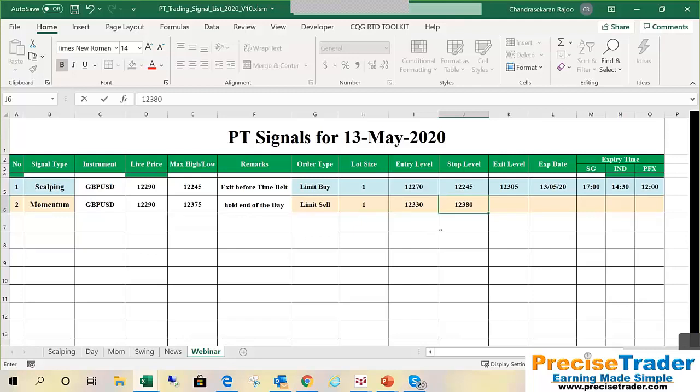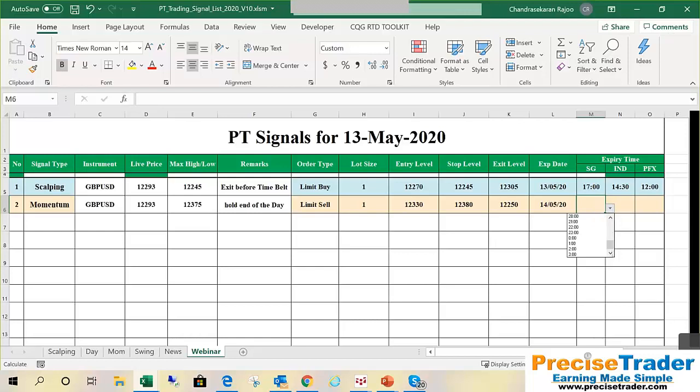Then for my exit, I'm looking at least at today's low, that means 122.50. Again, expiry is until tomorrow morning. We can put in about 3 or 4 o'clock, before the market closes.